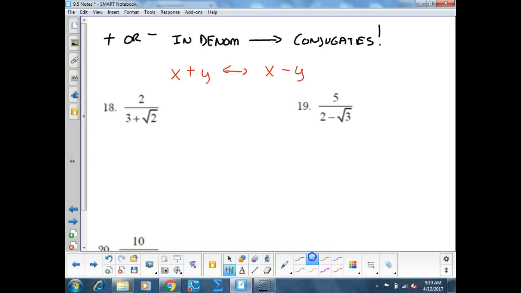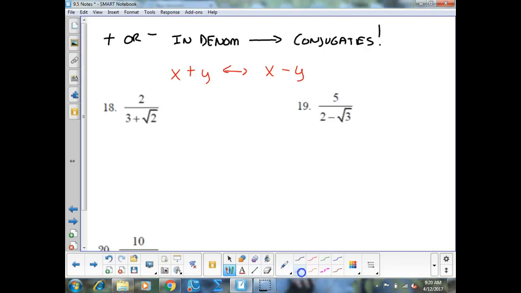So, in number 18, because I want to rationalize that denominator, I can't just multiply by the square root of 2. Don't write this down, because if I were to just multiply by the square root of 2 over the square root of 2, on the bottom I'd get 3 square roots of 2 plus 2, and I'd still be sitting with a radical in the denominator. So that's why we can't just do it that way.